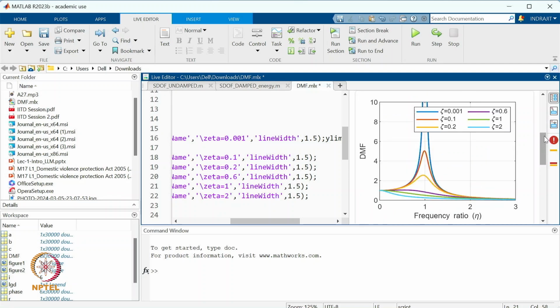Yeah, so you can see that I have added another line. You see that these are not at all having any peak.